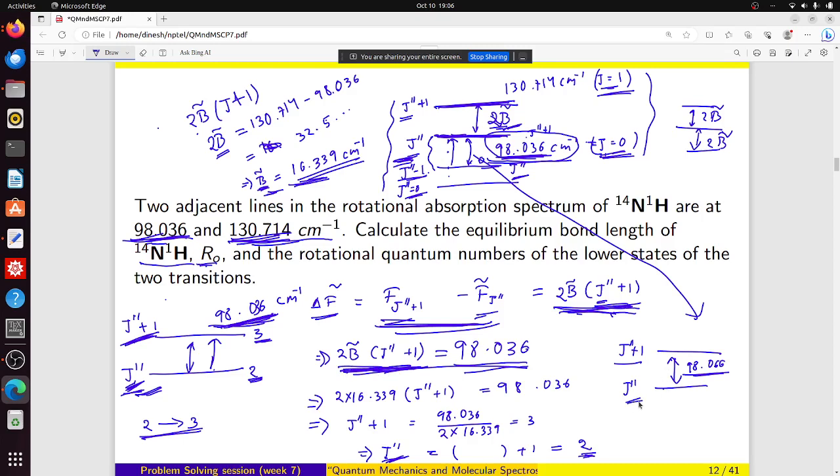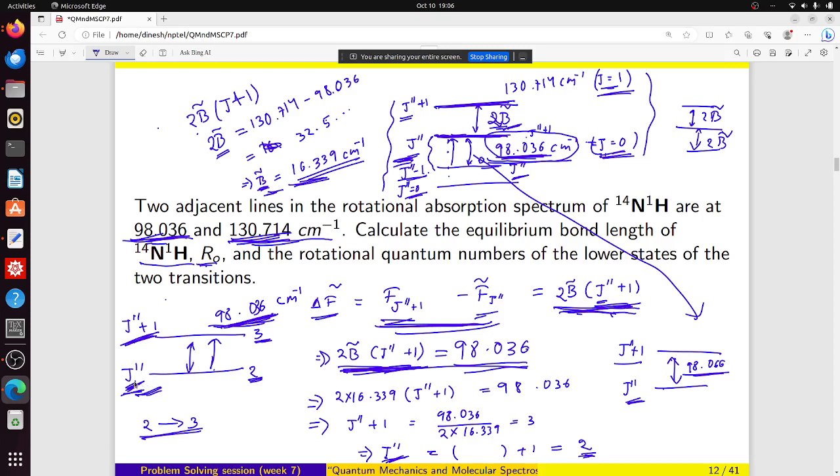But if the initial state is j double prime minus 1 and the final state is j double prime, in that scenario maybe this formula would look different. That's why I just rephrased the states.